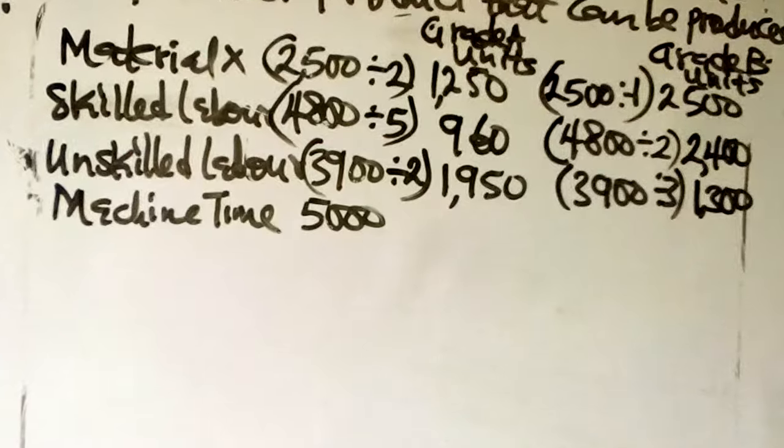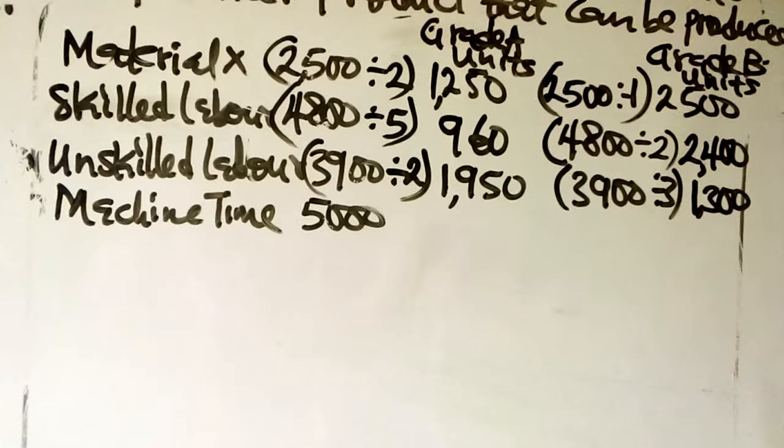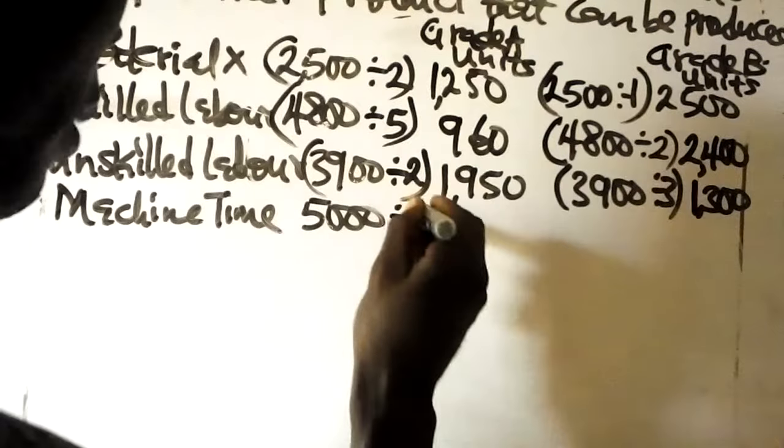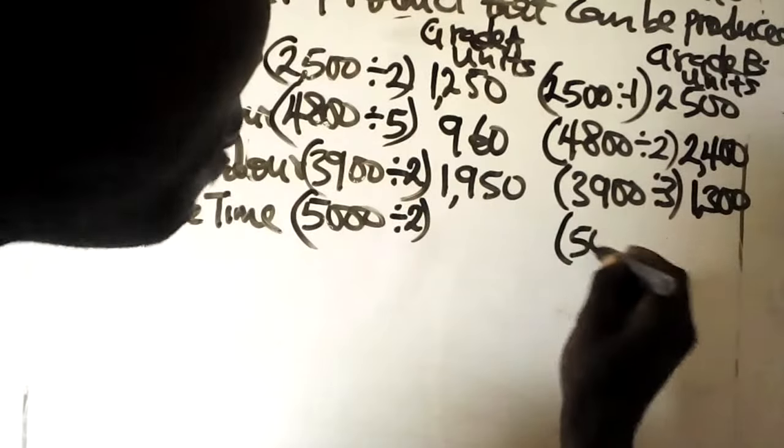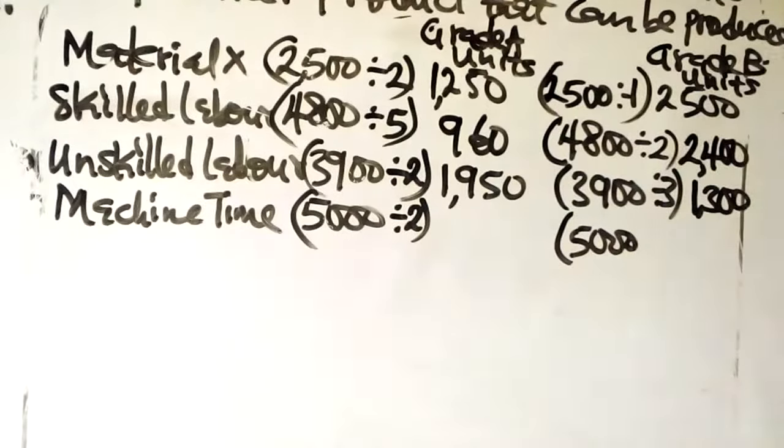For machine time, from our earlier calculation, when we divided 168 by 84, we got 2. That means 2 hours will be required to produce 1 unit. Then for grade B, when we divided 336 by 84, we got 4.